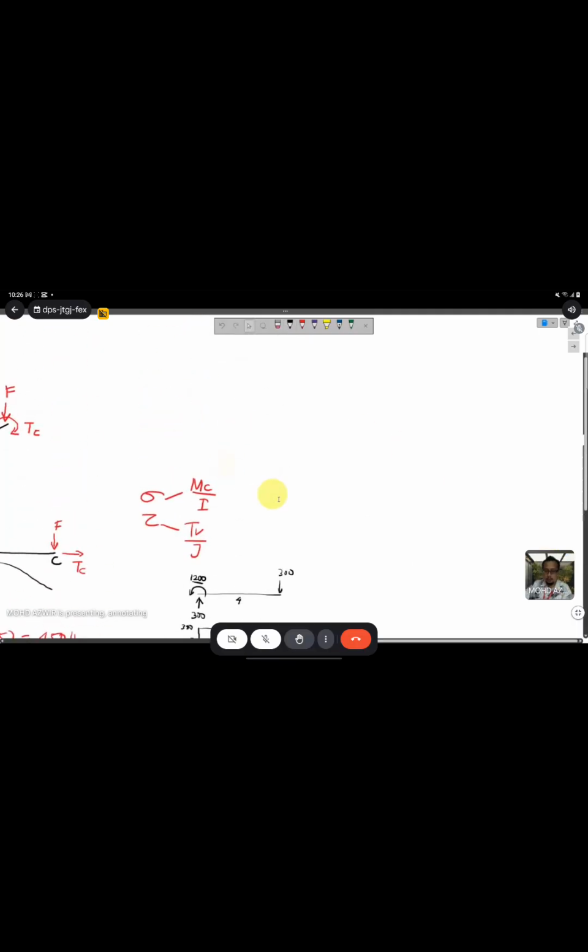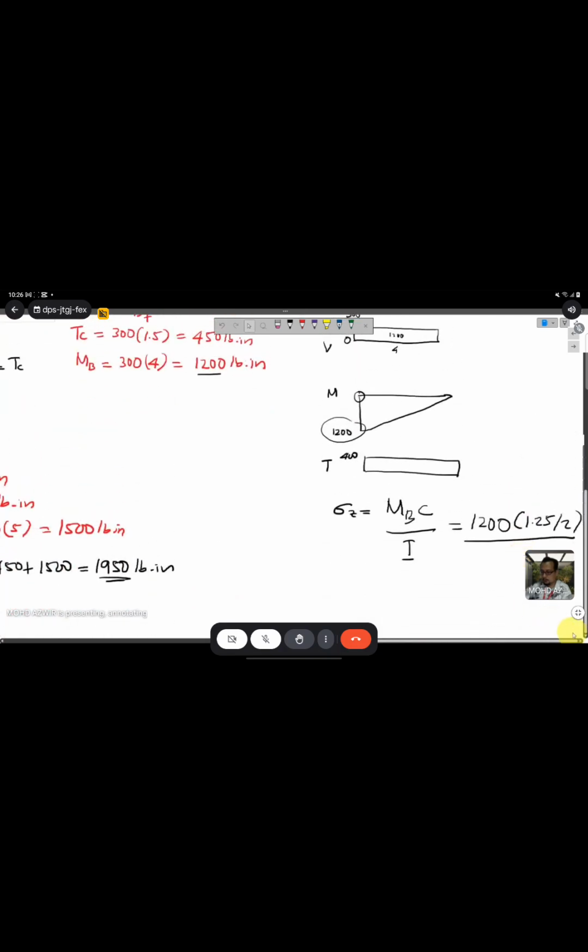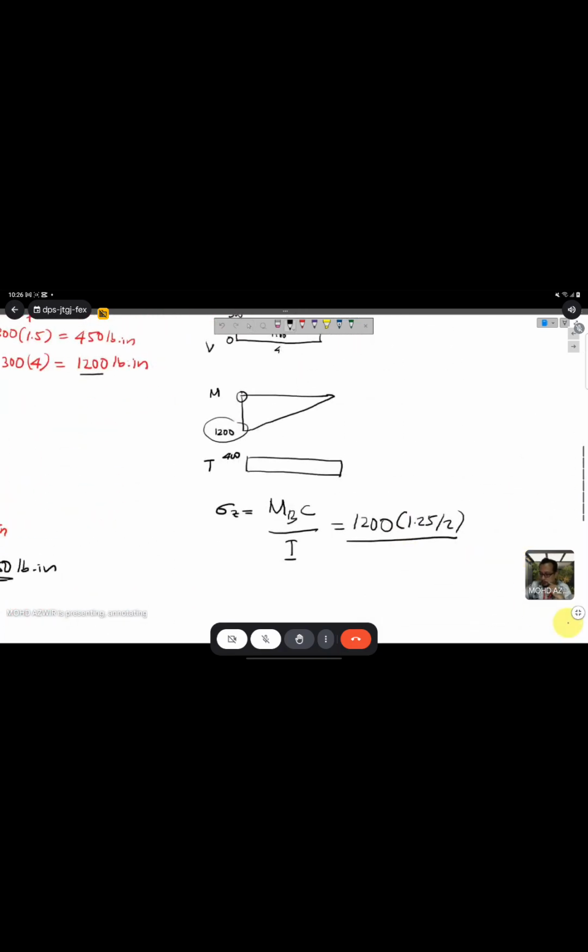B is what? B is 1 over 4, 0.25. H is 1.25. So B is 0.25, and H to the power of 3, 1.25 cubed, divided by 12. I need someone to help me calculate this one and just give me the answer.